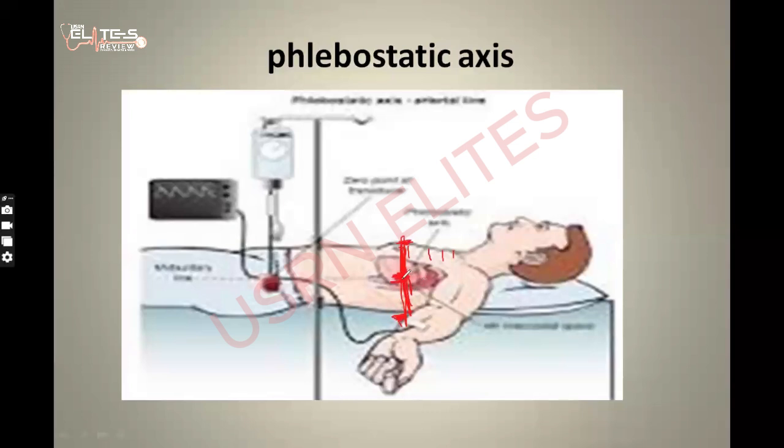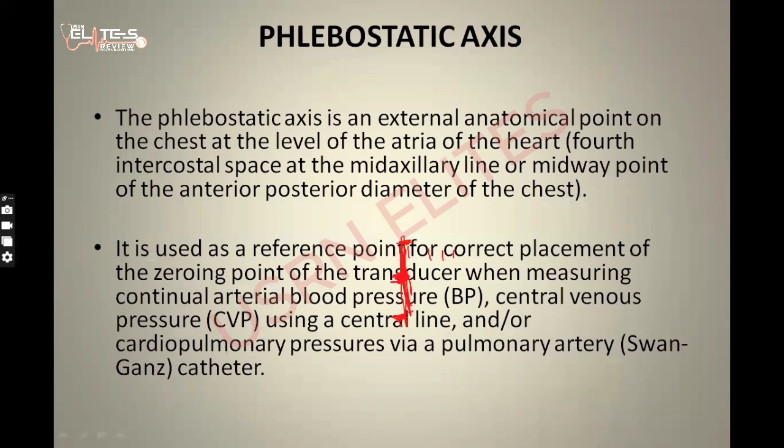So this is your phlebostatic axis. At a point in time, you will not meet the anteroposterior midline, but you meet maybe the mid-axillary line. I think we wrote it somewhere here. Okay, at the mid-axillary line.